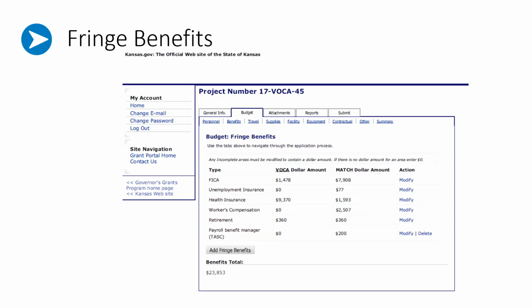And in this particular grant, some of the benefits were paid for by the grant and some were paid for by the organization. And the organization could count what they paid as the match dollars, the dollar match that they needed to qualify. So that's why you have some dollars in the VOCA dollar amount, the grant funded column, and some dollars in the match dollar amount.